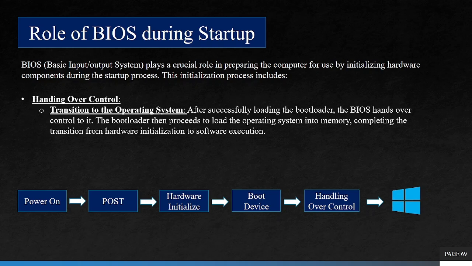So these are the 5 steps involved in turning on your operating system. Whenever you press the power button, these 5 functions work in the background. You press the power button, you get your manufacturer's logo in front of your screen, and these are the activities working in the background.